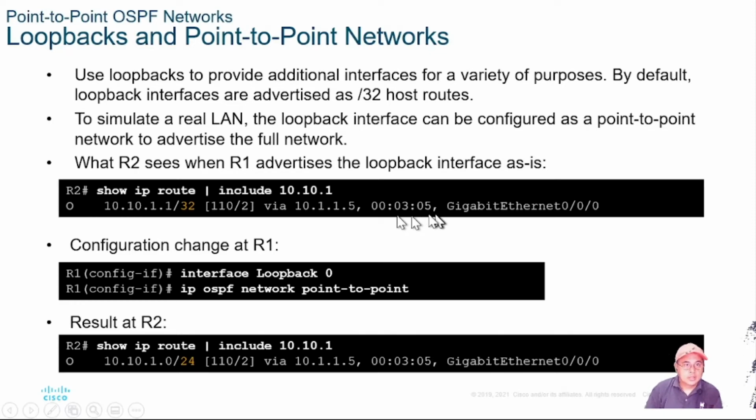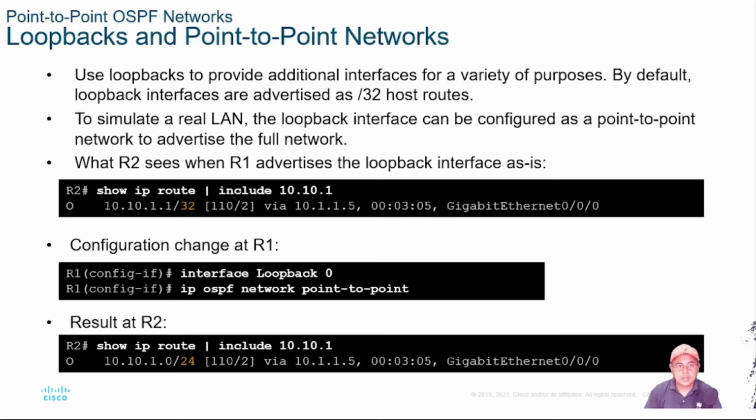Now, loopbacks and point-to-point networks: we use loopback to provide additional interfaces for a variety of purposes. This is one reason why we use a loopback interface. By default, loopback interfaces are advertised as a /32 host route. That is why we have 255.255.255.255 to advertise this as a host route.